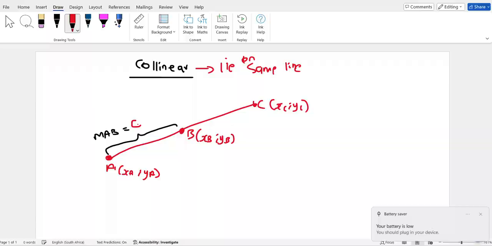It's equal to a constant. Now, what will be the slope of BC? The slope of BC will also be the constant C. Why? Because it lies on the same straight line as AB. You see, point A, B, and C lie on the same line.